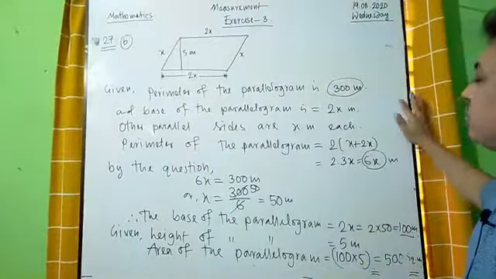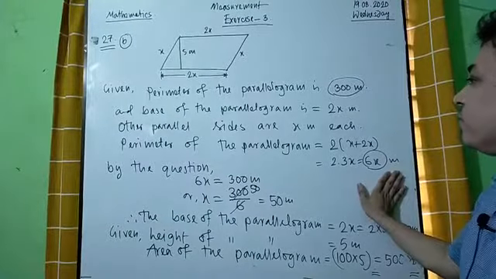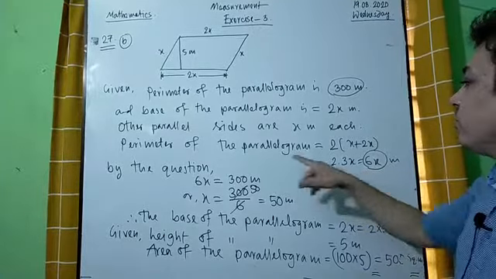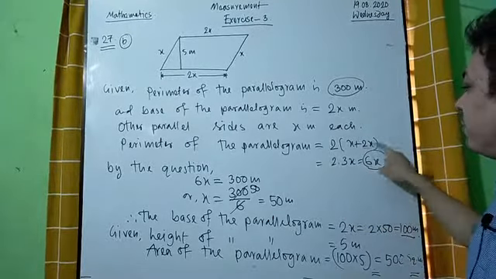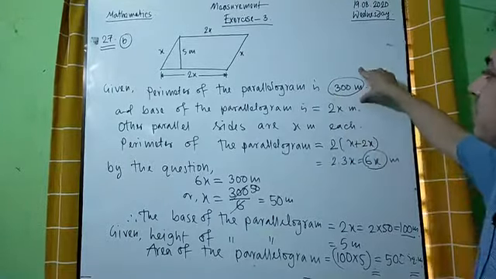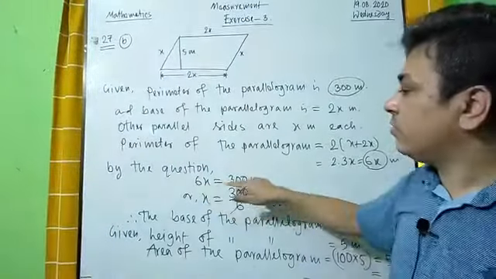It's also correct. By the notation of x, the perimeter is 6x, and given in the question the perimeter is 300 meter. So easily we can write 6x equals 300 meter.